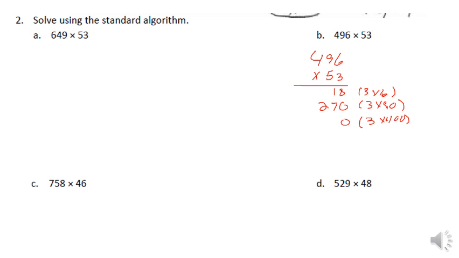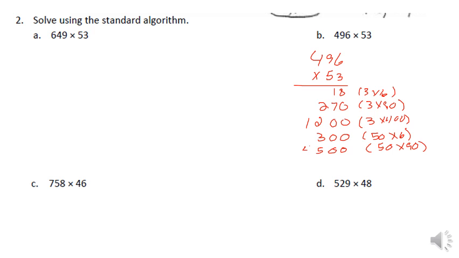Now we have 3 times 400, which we have 2 placeholders, and 3 times 4 is 12. Now we're done with the 3, so we're moving to the 50. So we have 50 times 6, which, put the placeholder in there, 5 times 6 is 30. And we have 50 times 90.